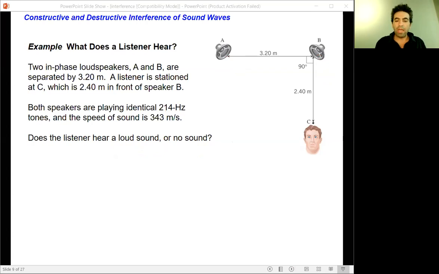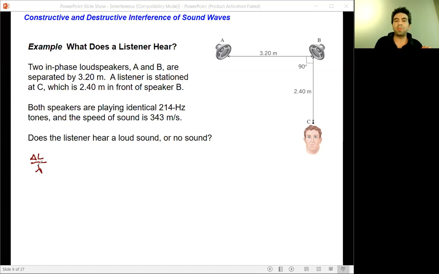Okay, so the way I think about this is I want to find out the ratio of the difference in path length compared to the wavelength of the wave. If this comes out to be 0, 1, 2, 3, 4, 5, then it's constructive interference.